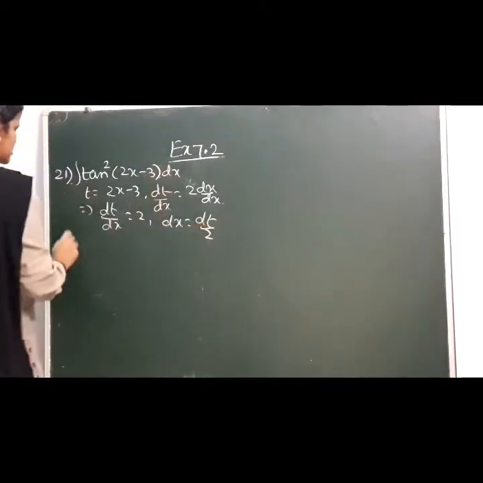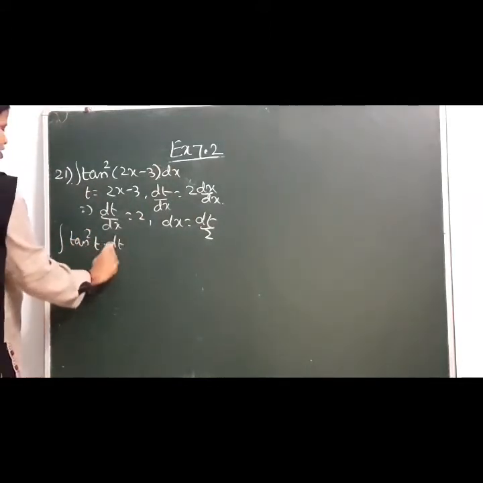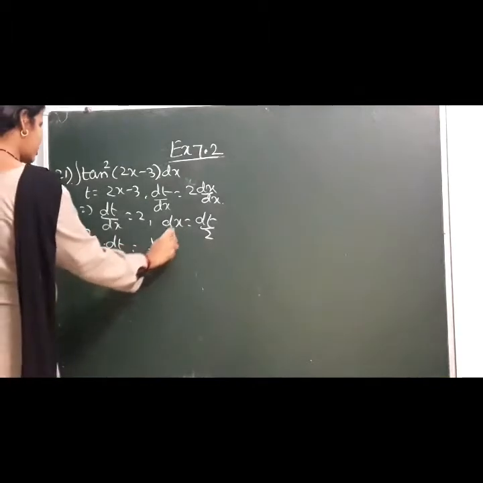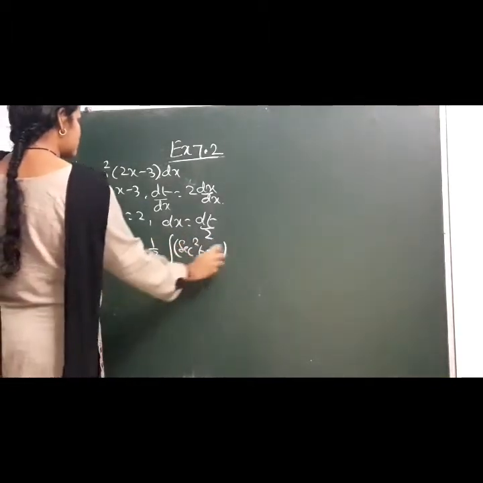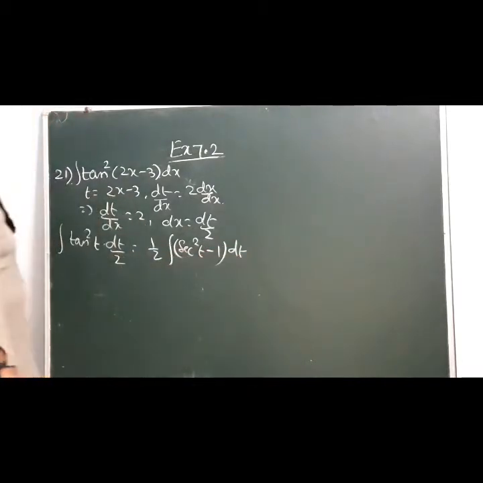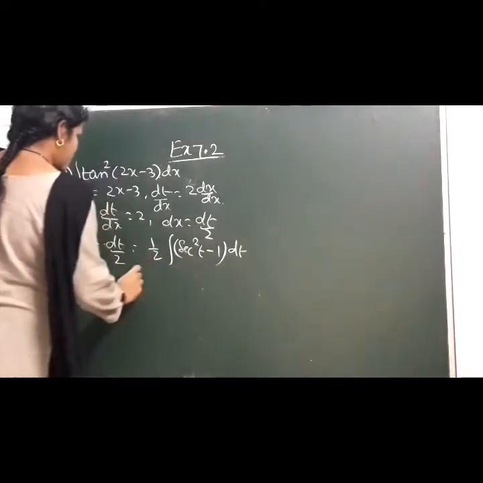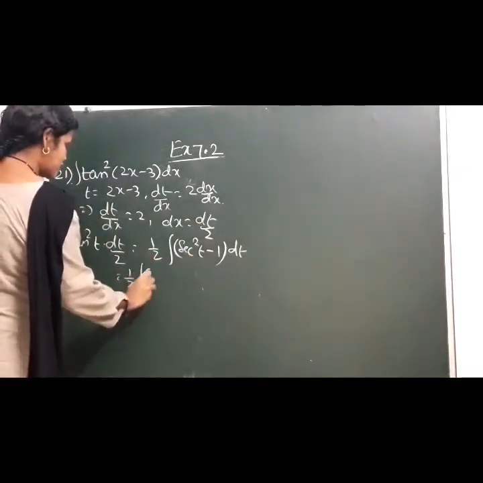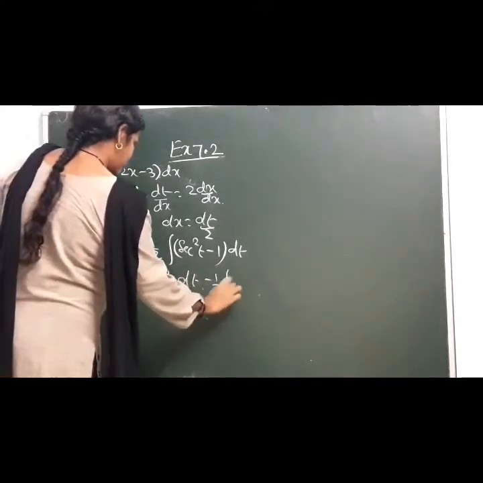We will put this, the question converts like this: tan square t dt by 2. So 1 by 2 tan square means what we will take? Secant square t minus 1 dt. Tan square t means secant square t minus 1. So it becomes 1 by 2 secant square t dt minus 1 by 2 dt.